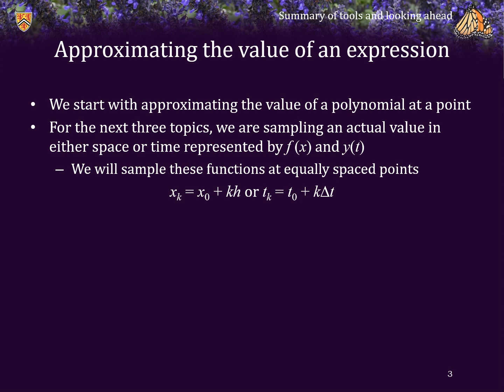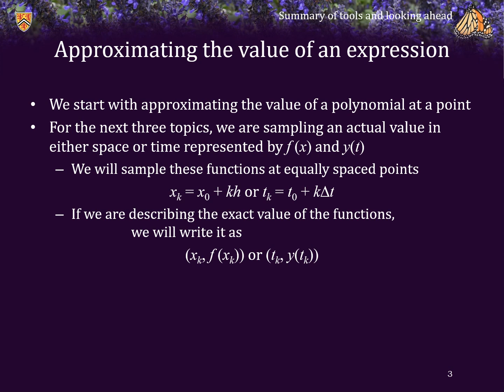So the equally spaced points in space will be represented by x sub k, where we have an initial x value, and to that we add k times h, where h is the distance between sampling points. Alternatively, we may sample a signal or value in time. So we have an initial time, and we continue sampling at that initial time plus k times delta t.